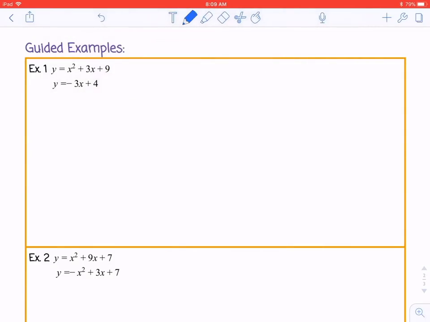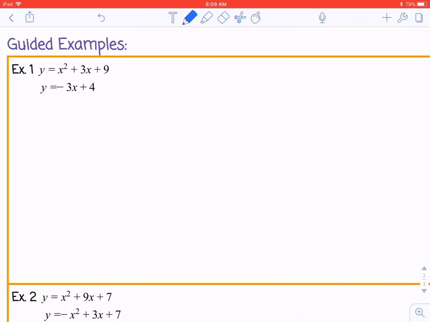So let's look at how to solve this by factoring. For example 1, we're given y equals x squared plus 3x plus 9 and y equals negative 3x plus 4. The first equation is quadratic because it has a square as its highest exponent, and the second one is linear because it does not have a square.